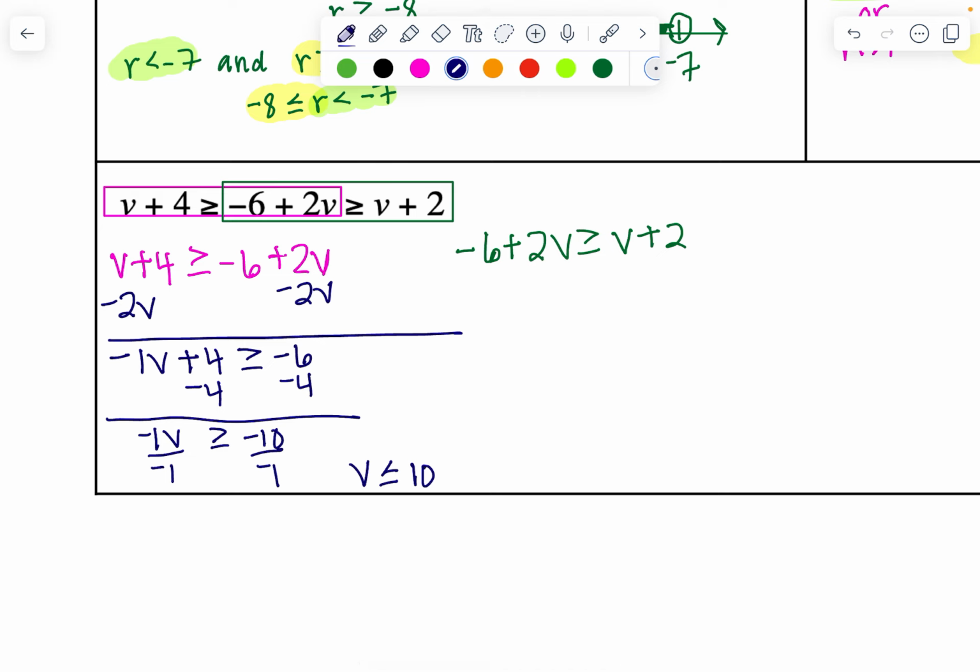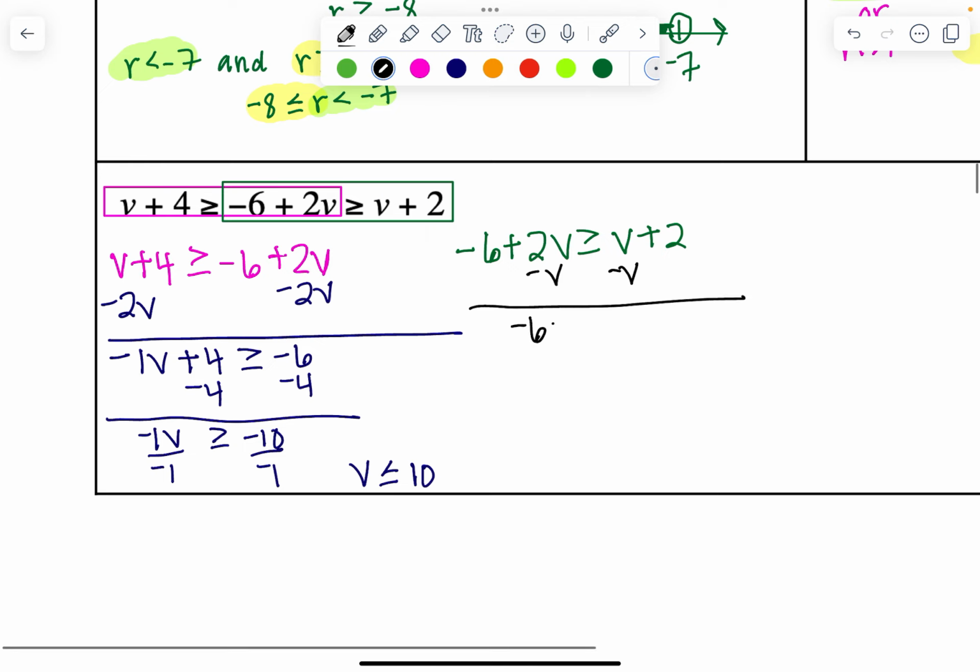Now let's solve the other one, getting all my v's on the same side. Negative 6 plus 1v, or v, greater than or equal to 2. And then adding 6, we'll get v greater than or equal to 8.